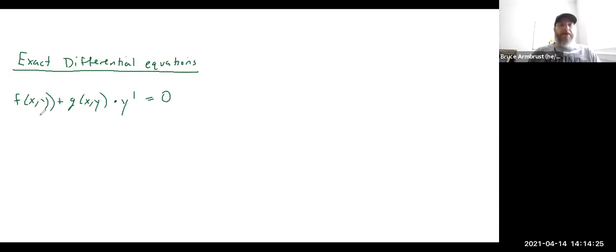But there has to be something very special about f and g. f has to be the partial derivative of some other big function that we're going to call big F. It's going to be the partial with respect to x of this big F, and g is going to be the partial with respect to y of that big F. So these aren't just any old functions that are being multiplied in this way.